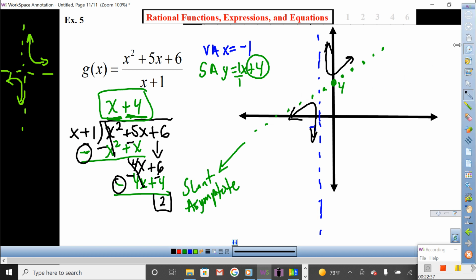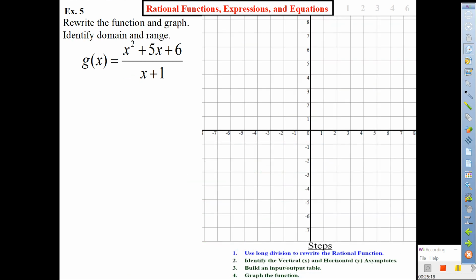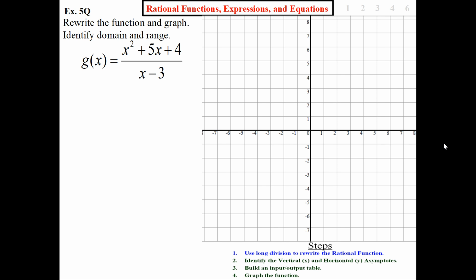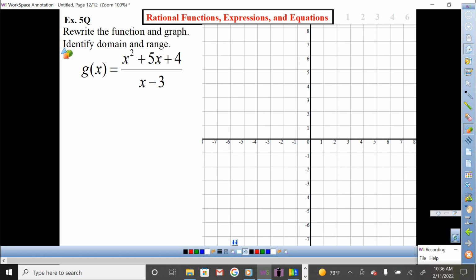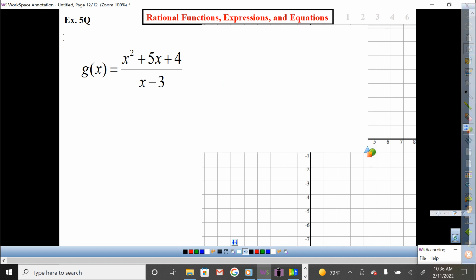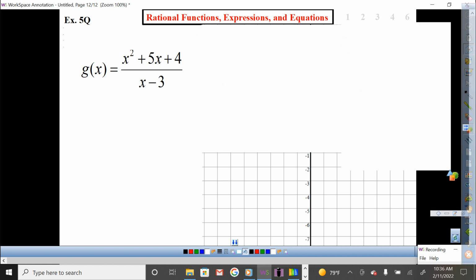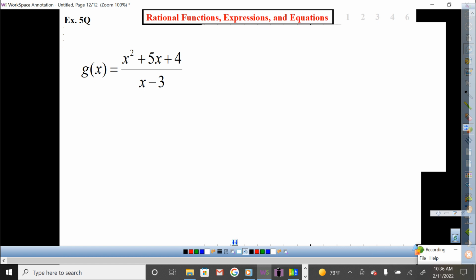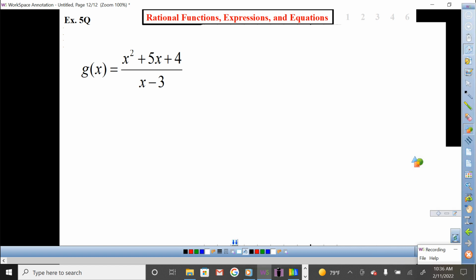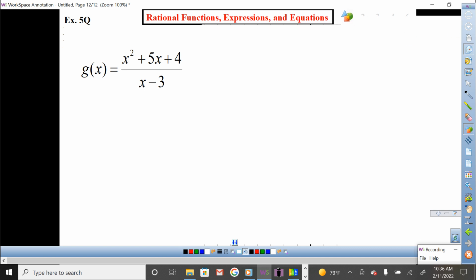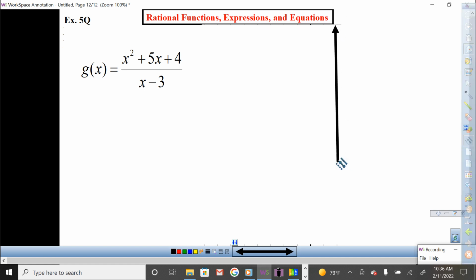Here we go. Example 5Q. It's g of x equals x squared plus 5x plus 4 over x minus 3. I'm going to give you a head start for this one, but let me get you started.